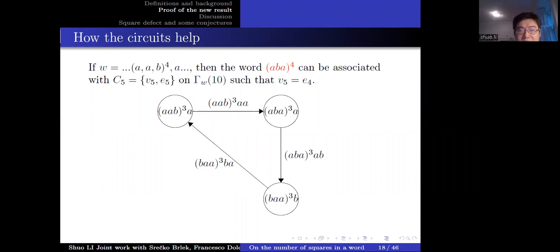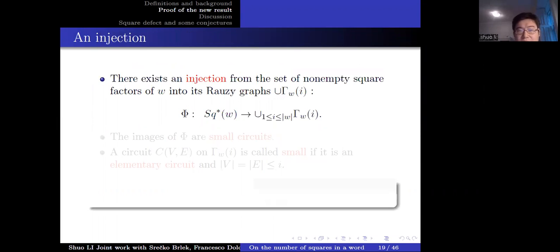And we can do it, in fact, etc., etc. At the end, in fact, we can find an injection from the non-empty square factors of W into the secrets on the rosy graphs of gamma i.